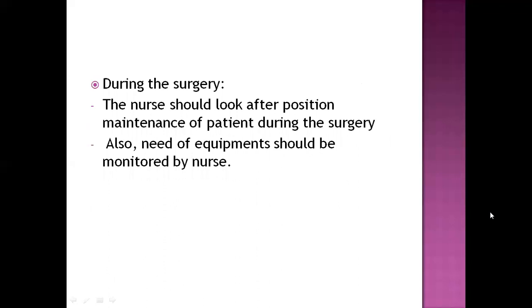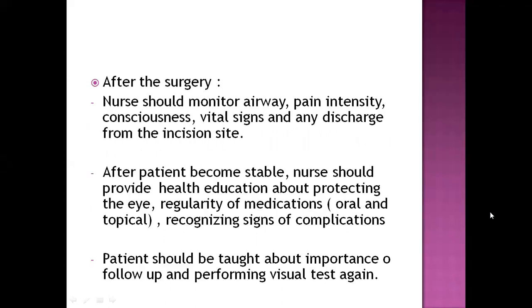Also look after the need of the equipment of surgery. After the surgery, first of all, emergency care should be given. Priority is monitoring airway, pain intensity, consciousness, vital signs, and looking for any discharge from the incision site.